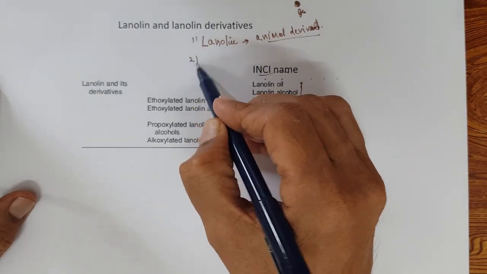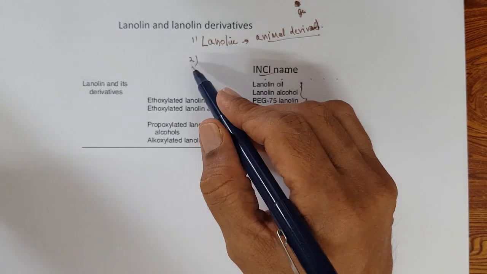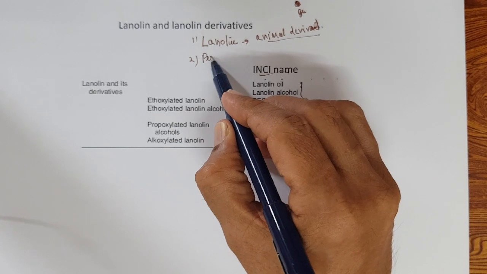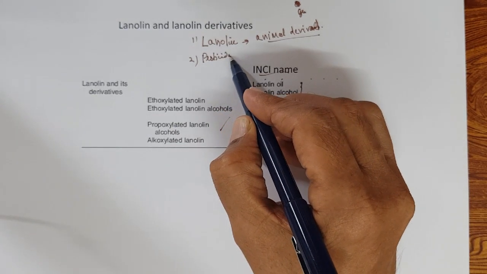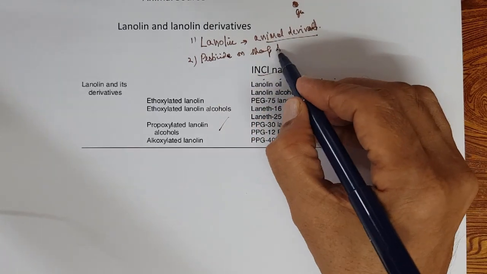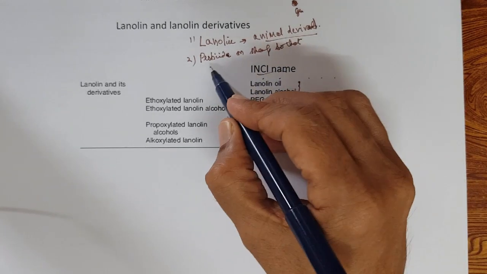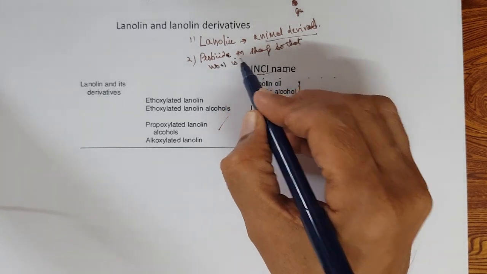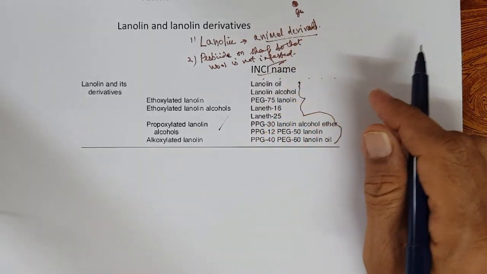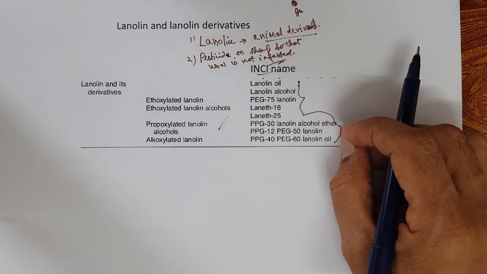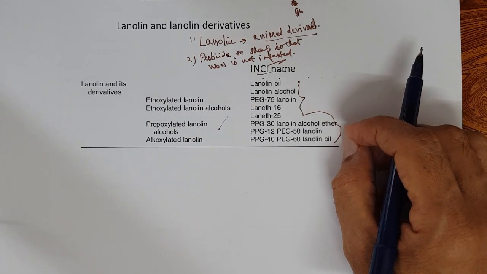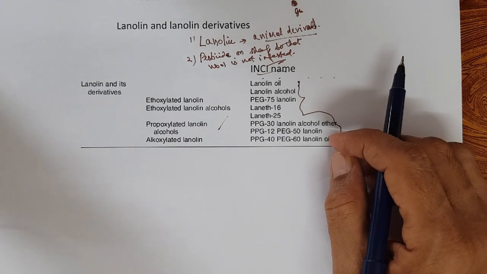That's one thing. The second thing is they spray some pesticide on sheep so that the wool is not infested. So pesticide residue in lanolin is very, very important, especially if you get anhydrous lanolin as such.